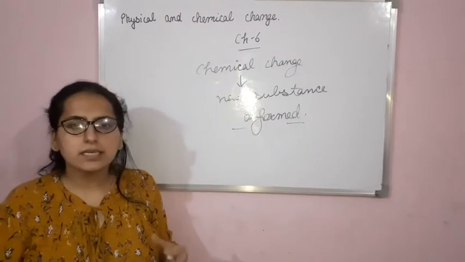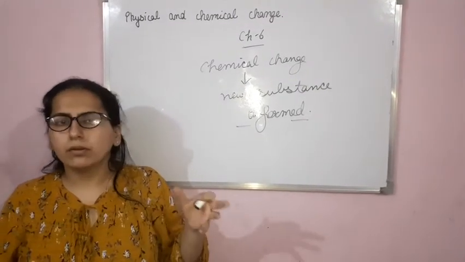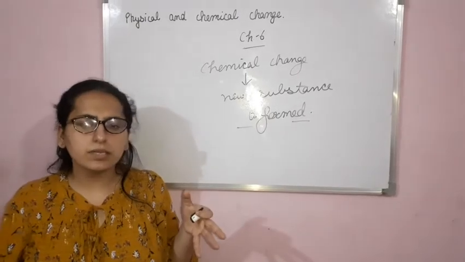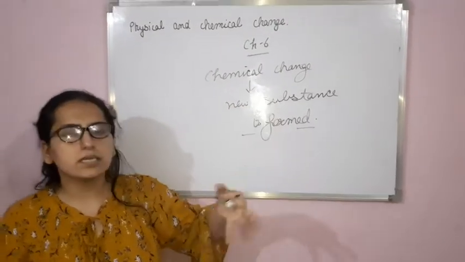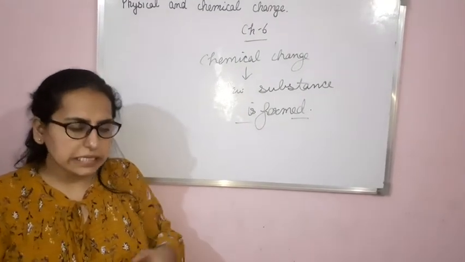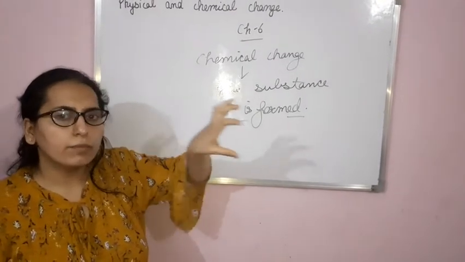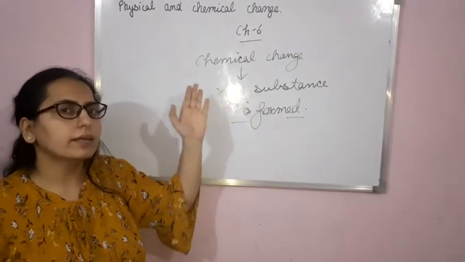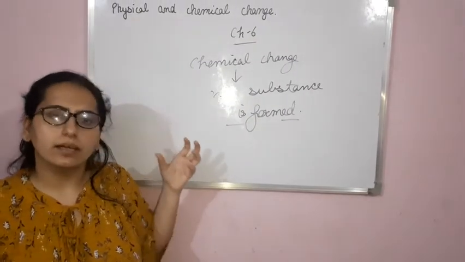And chemical changes are generally irreversible. About reversible and irreversible changes you had learnt in class 6th. Irreversible means from the final substance or the product, we can't get back the initial substance or the reactant.